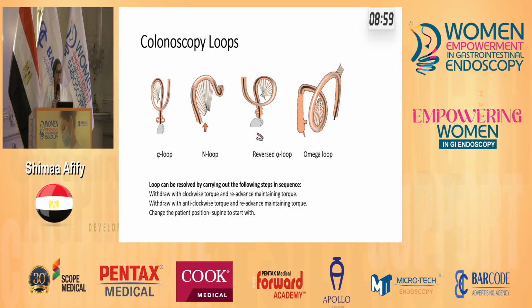What can you do to unlock the loop is to carry out the following steps. Withdraw with clockwise torque and re-advance, maintaining the torque. Then you straighten the scope, reduce the mesentery over the scope, and re-advance freely. Withdraw with anti-clockwise torque and re-advance again. Then you have also reduced the sigmoid loop a little bit. And the last thing, if you don't succeed, you can change the position of the patient to supine and restart again.